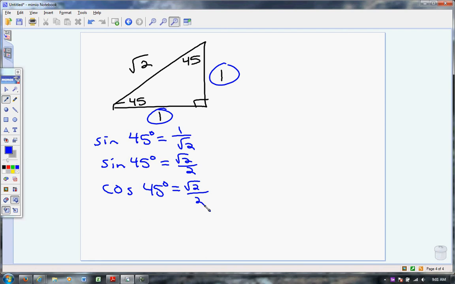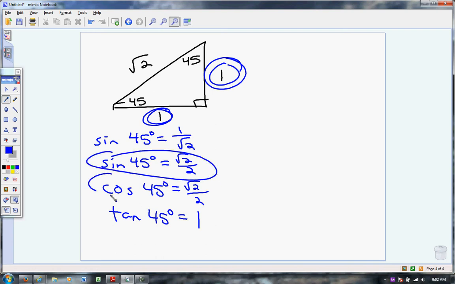And the tangent of 45 degrees is opposite over adjacent, so it's just going to be 1. Okay? So these three values are also very important. And those are values that if you forget them, you can always draw the triangle and refresh your memory. Okay?